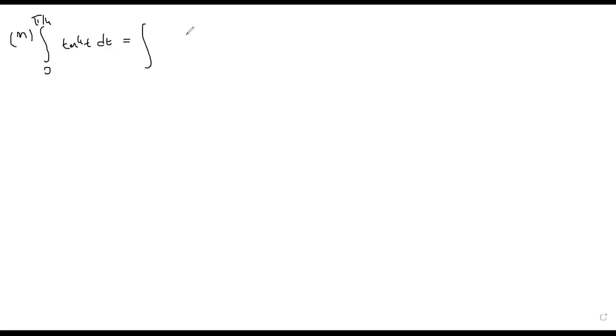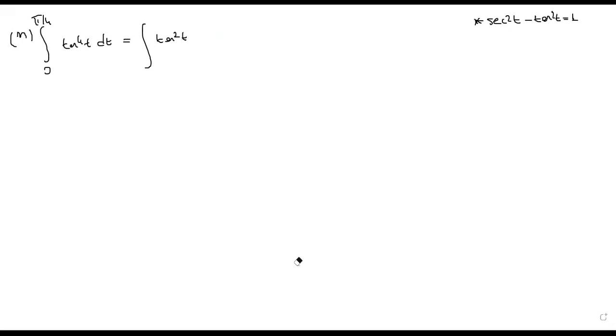This integrand, let's rewrite that in this form, tangent squared t times tangent squared t dt, right? And as I said before, secant squared t minus tangent squared t is equal to 1. So tangent squared t is equal to secant squared minus 1, right? So instead of that, we write it.